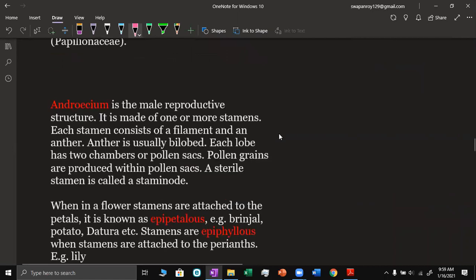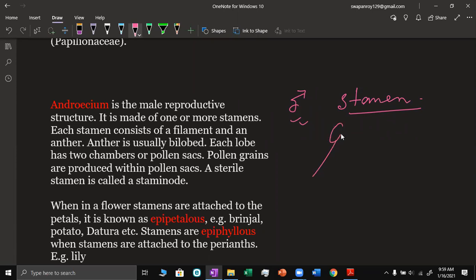Then androecium. Androecium is the male reproductive organ, and the unit of androecium is the stamen. A stamen consists of a filament and anther.